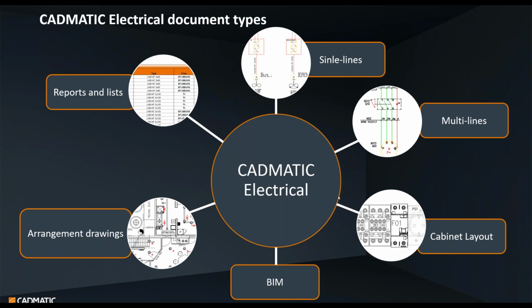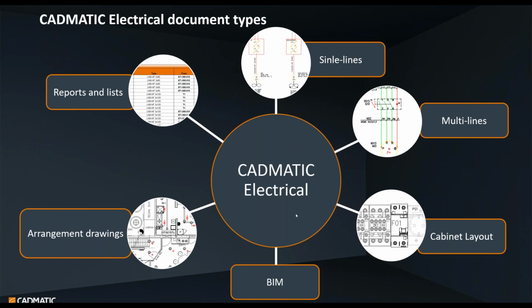So you can think of CADMATIC Electrical as a database which you enrich with all the information you gathered throughout your project, and you can reuse that information in any direction.